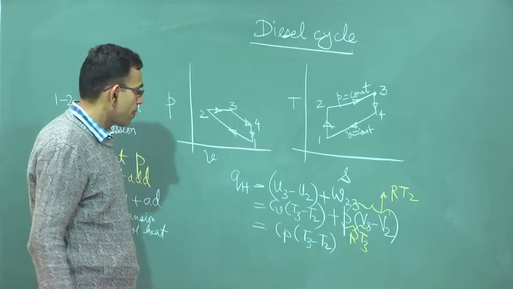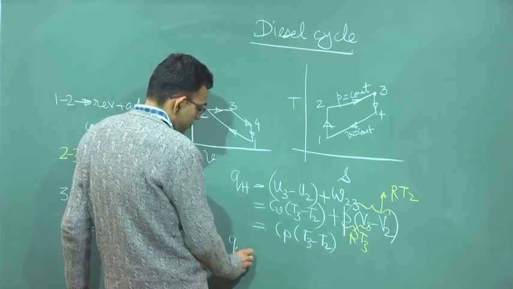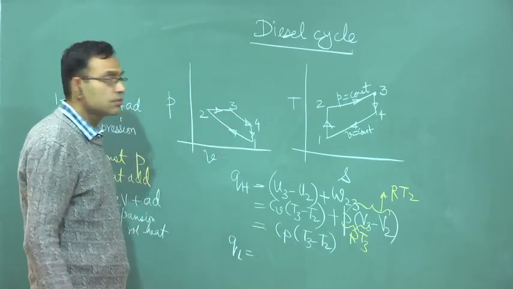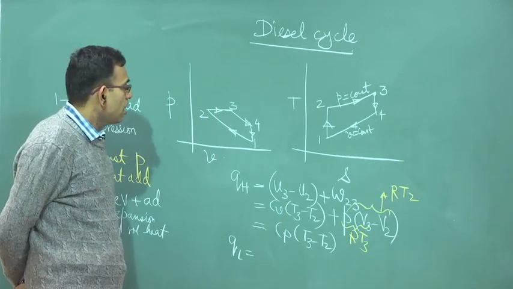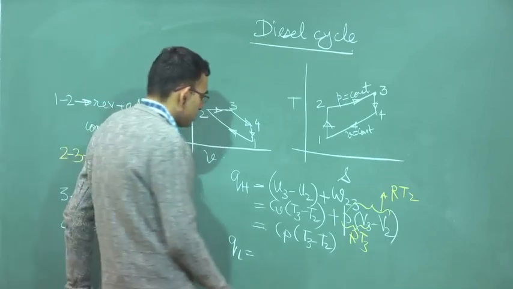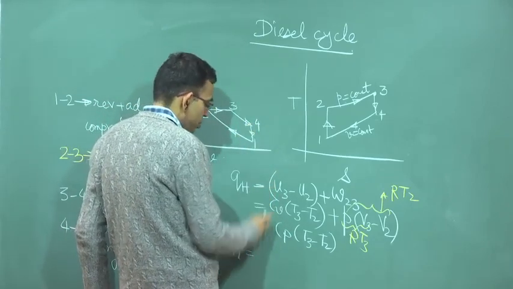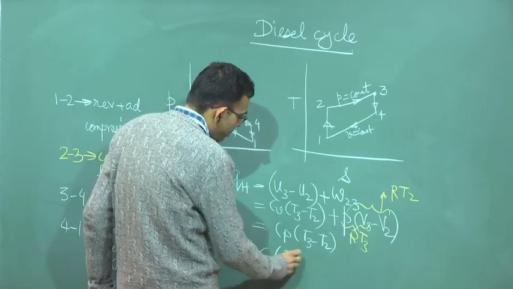Okay. What is QL? QL is nothing but, now it is a constant volume process. So, Cv into T4 minus T1.